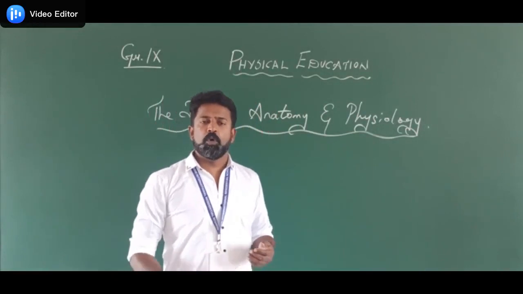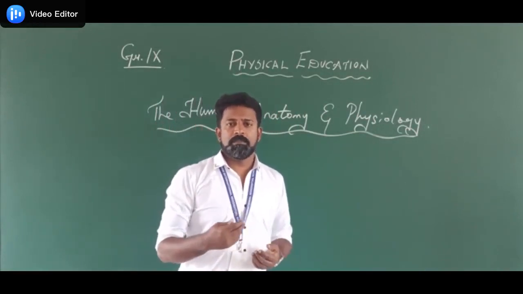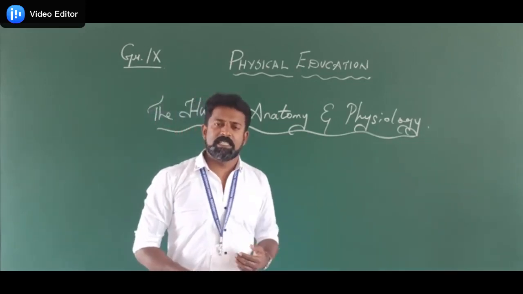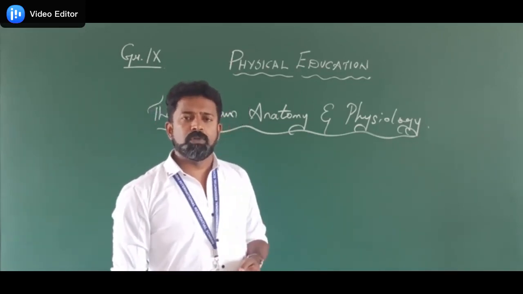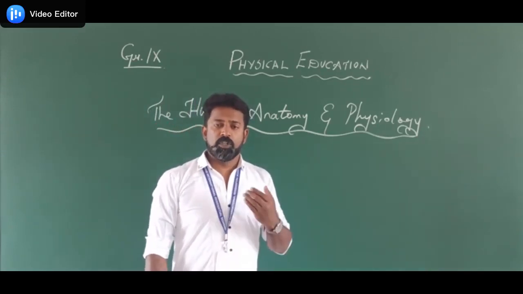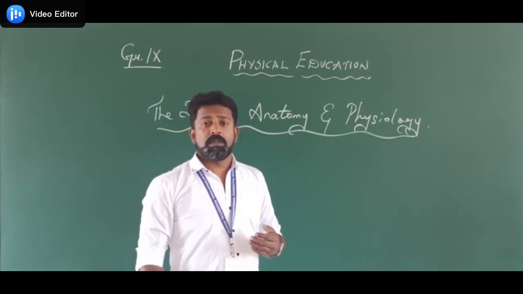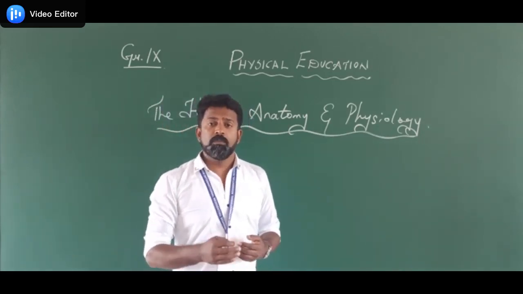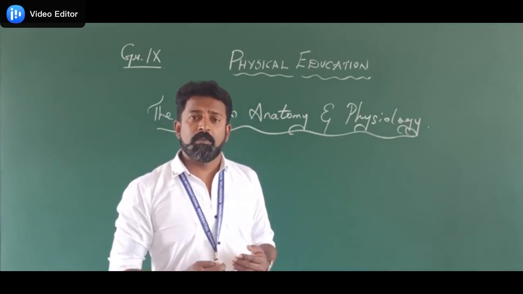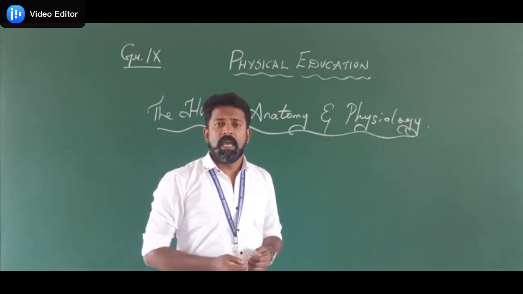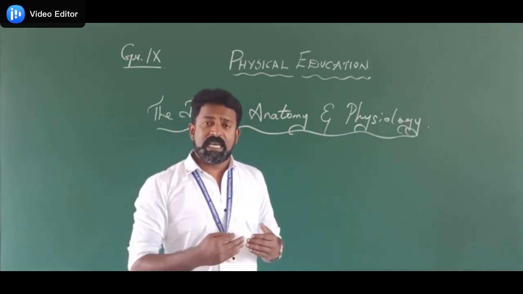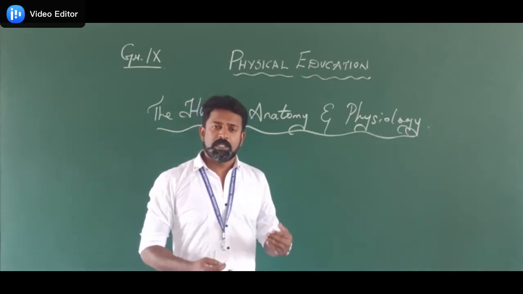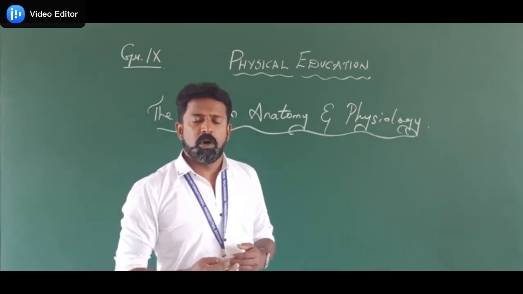We discussed the bones of the neck, bones of the forelimbs, and at last the functions of the skeletal system. Today, we are going to discuss what a joint is, how joints are classified, what movements take place at the joint, and what benefits exercise has on the skeletal system. This is what we are going to discuss in today's class.